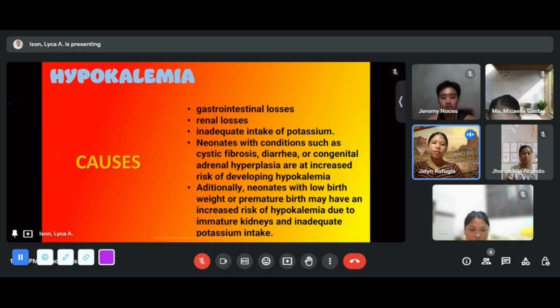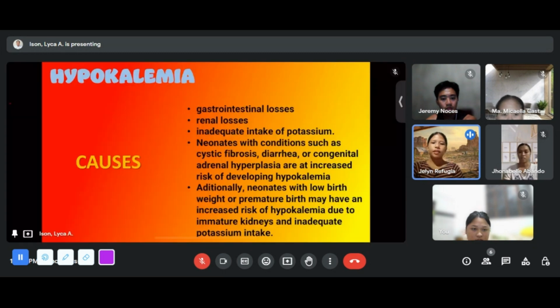When we say atrial fibrillation naman, it is a disorganized and rapid atrial activity with atrial rates ranging from 350 to 600 BPM. While ventricular fibrillation occurs when the electrical signals that tell your heart muscles to pump cause your ventricles to quiver. So these are the signs and symptoms of hypokalemia. So dumako naman tayo sa causes nito.